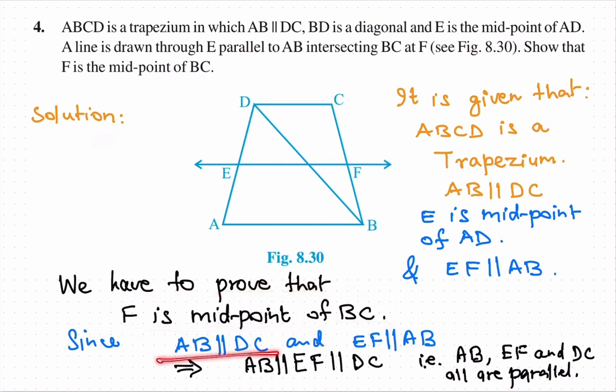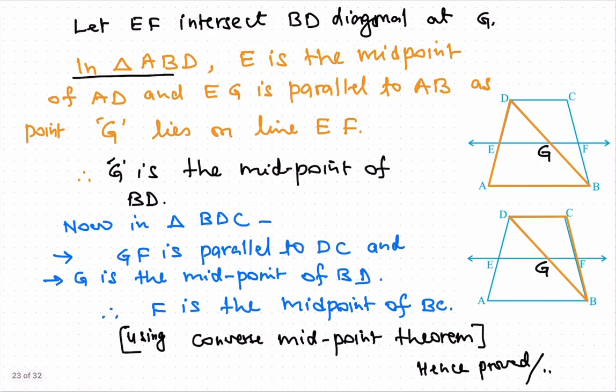Now since AB is parallel to DC and EF is parallel to AB, therefore all three sides become parallel to each other. Now let EF intersect BD at point G. Since EF is parallel to AB and E is the midpoint, therefore for the triangle ABD, G will be the midpoint by the midpoint theorem.